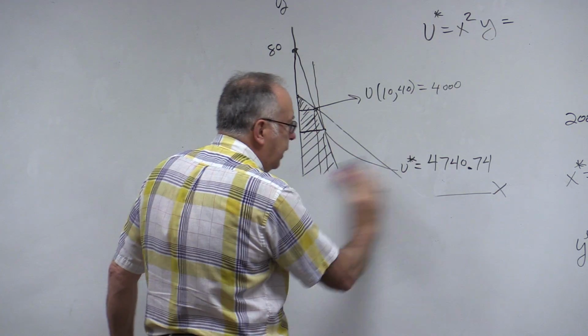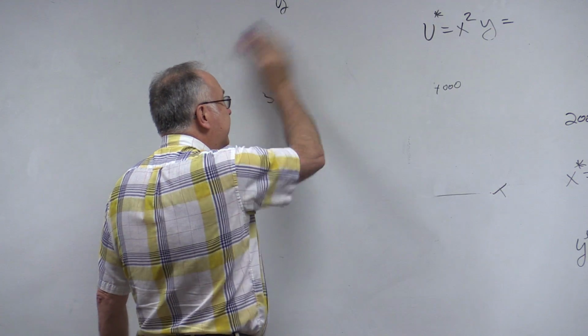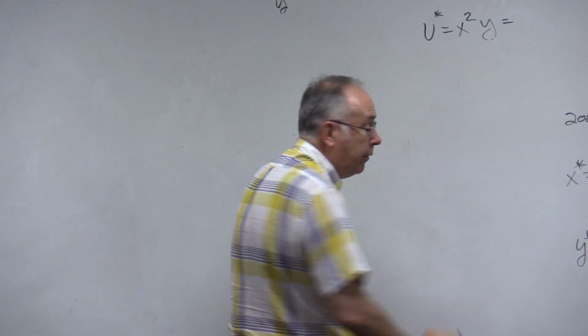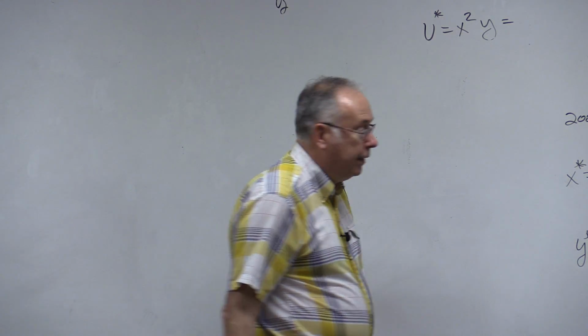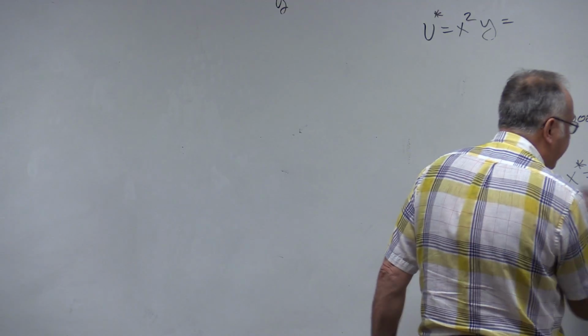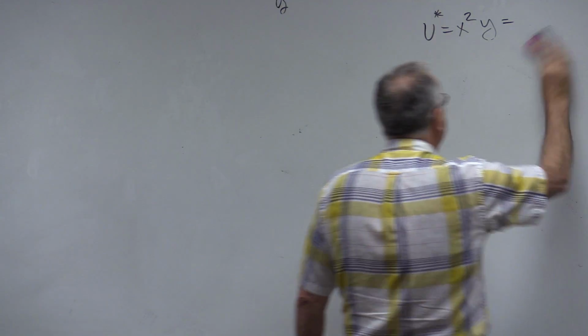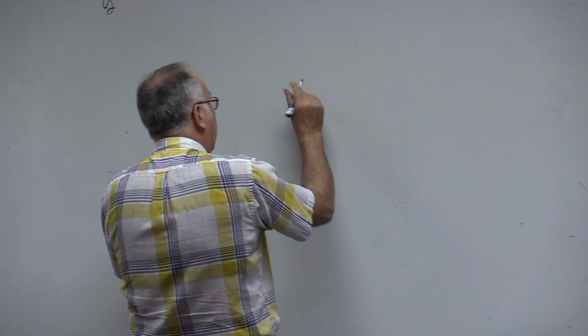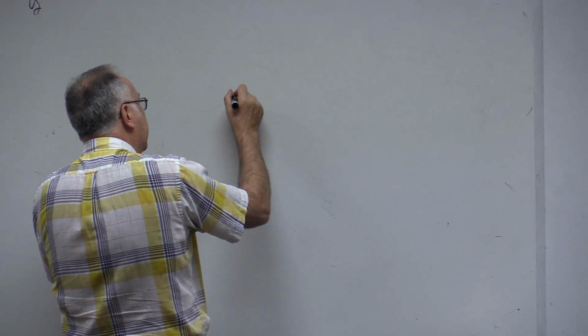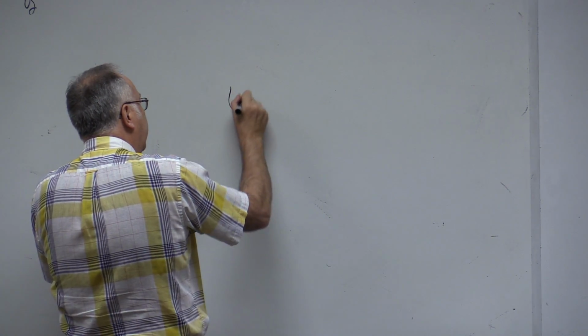By the way, I drew these indifference curves as if they were convex. How could we verify that Ian's indifference curves really are convex? There's different ways you could do it.